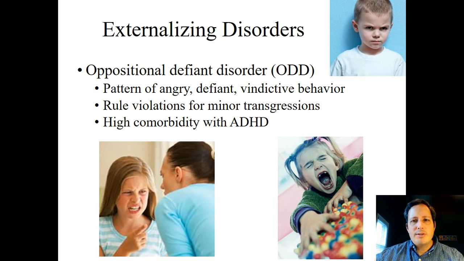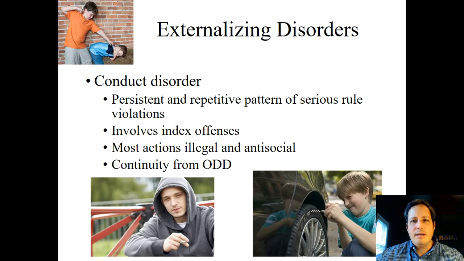Now, if more severe behavior starts to pop up, what you begin to see is conduct disorder. This is a more persistent and repetitive pattern of serious rule violations. Most of these rule violations are going to be illegal and antisocial, and you can see some of the activities there in the photos.